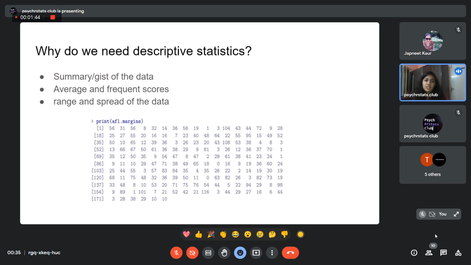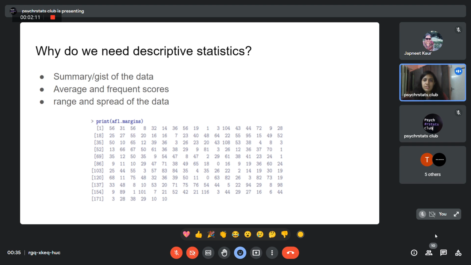Descriptive statistics includes many different things. You can look at the average, the mode, the range, the spread of the data, and we will discuss all of these in a minute. Basically, descriptive statistics helps you understand the data. It gives you a gist of the data, like how the abstract gives you a gist of the paper.